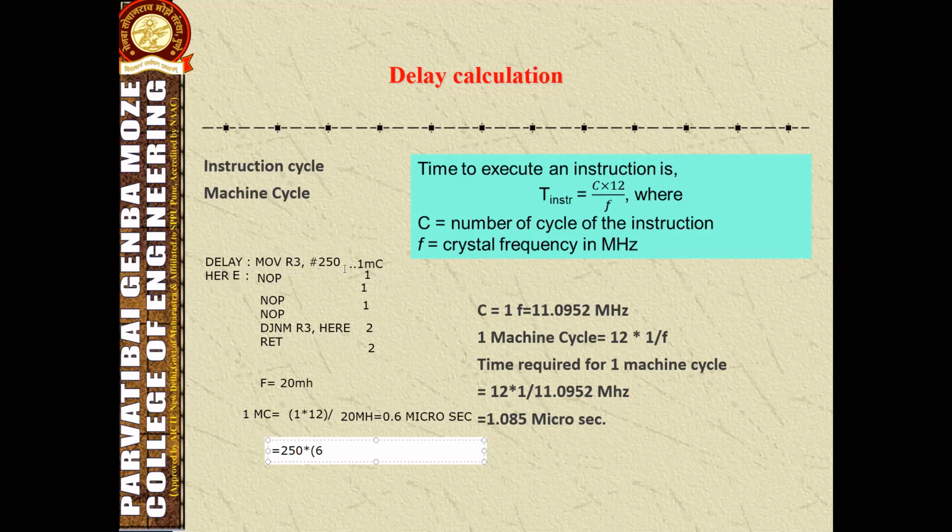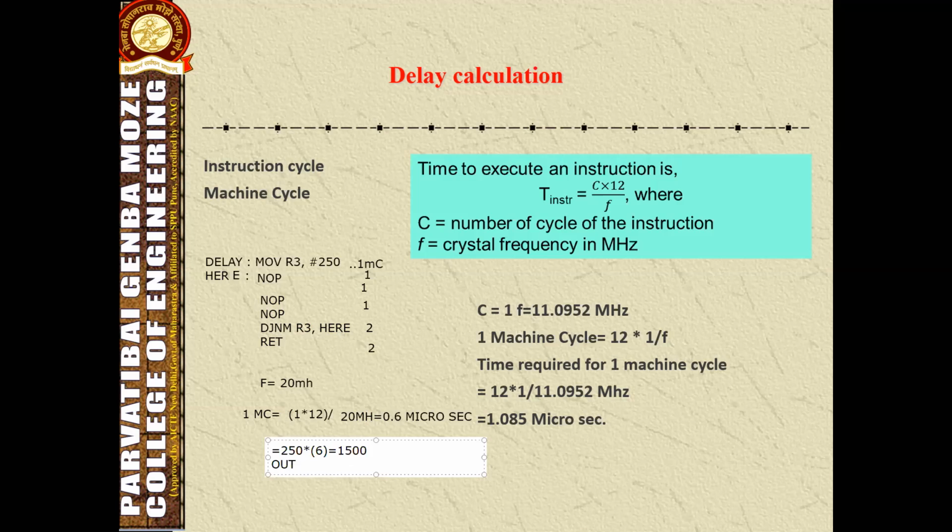After executing this, six machine cycles are required. So a total of 1500 machine cycles is required for executing the inside loop.